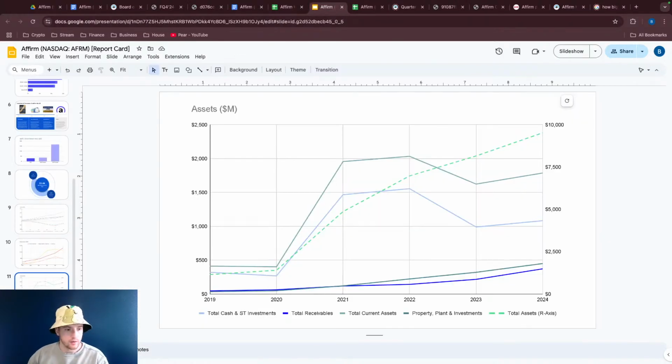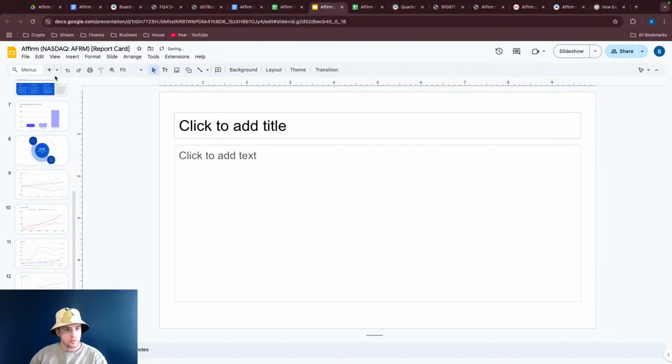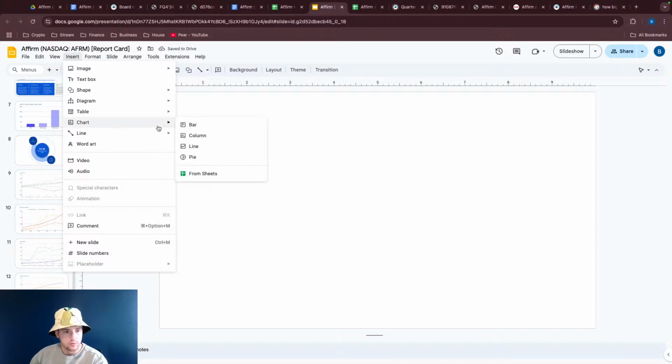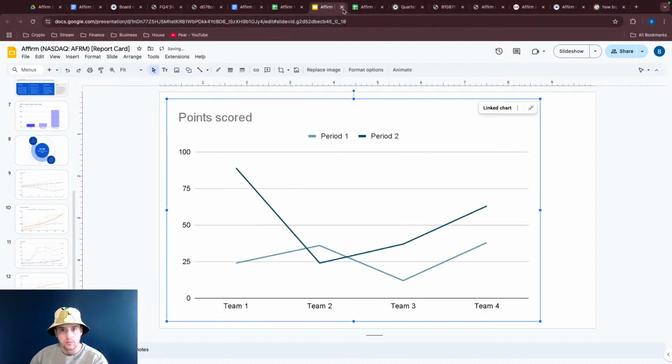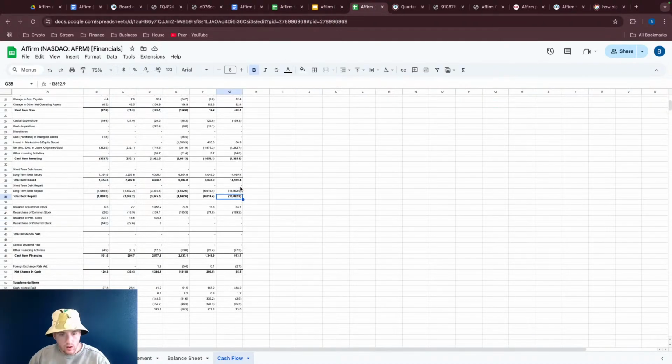All right, I got it. I know what I'm gonna do. We'll just make 2 axes for the debt. Insert. Unless, are these? No, 1095.